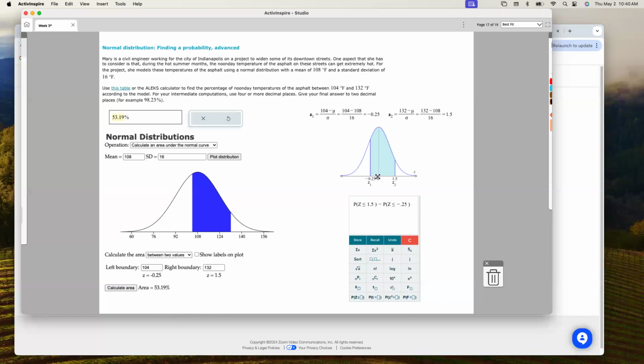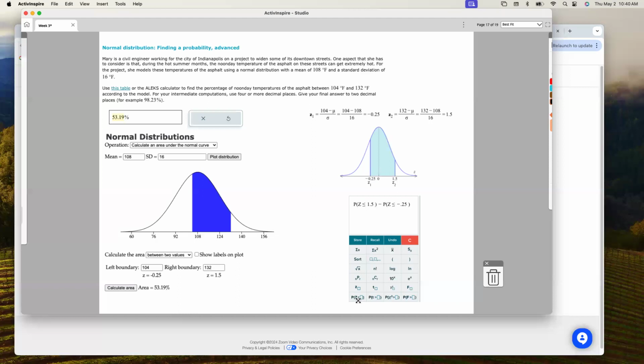And even if I looked up the 1.5 on the table in the book, okay, I would get this value here that your calculator can do. And this is the Alex calculator. So it finds a probability, but you're restricted to only Z being less than a specific value.